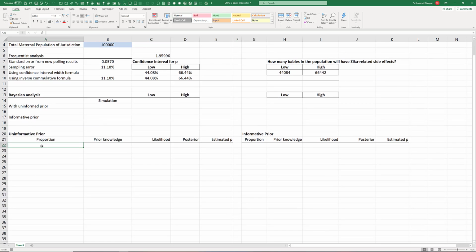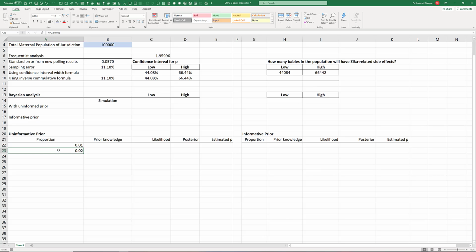This is our prior probability. We start with 0.01 and then increment by 0.01. So this is the previous one plus 0.01. Made a mistake. Plus 0.01.